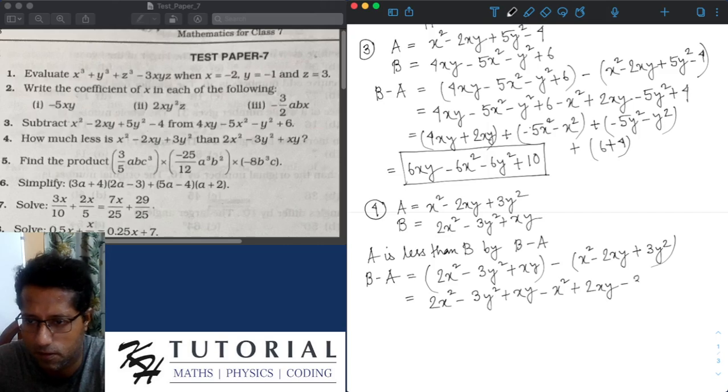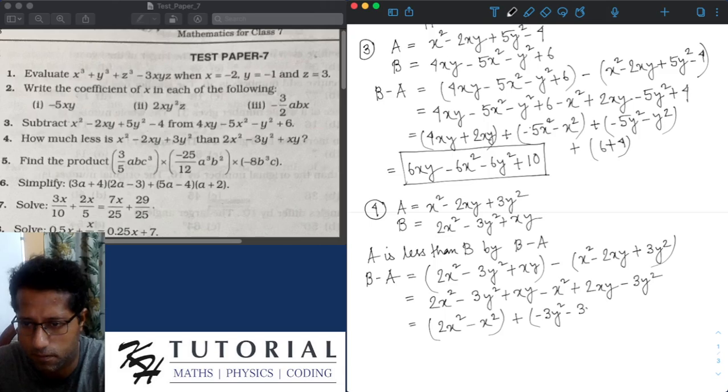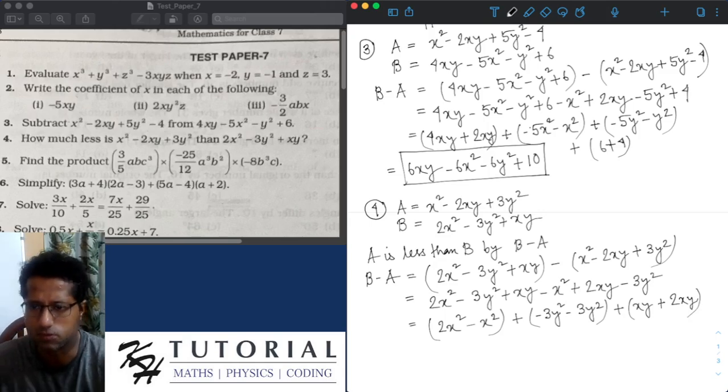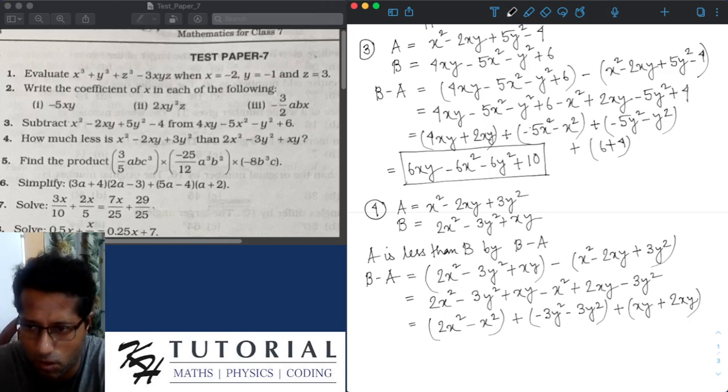and minus 3y square. Now we will group together all the like terms. So 2x square minus x square, then we have minus 3y square, and then we have plus xy plus 2xy, and there are no constant terms. So we have grouped all the like terms.